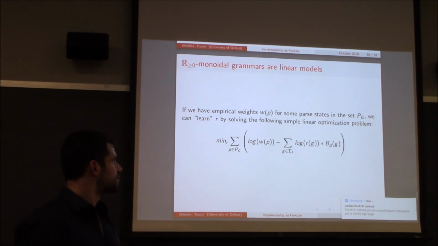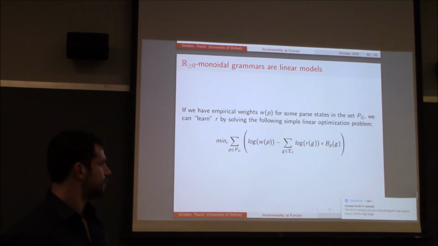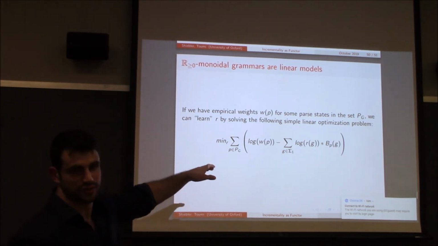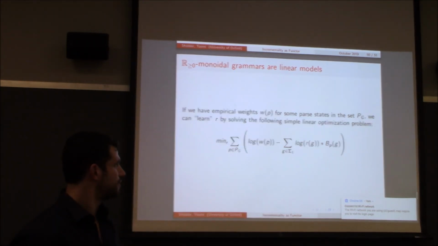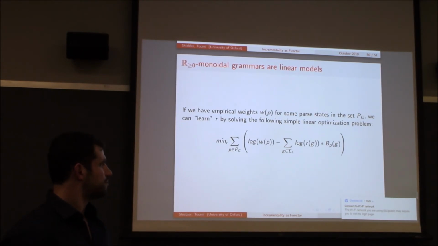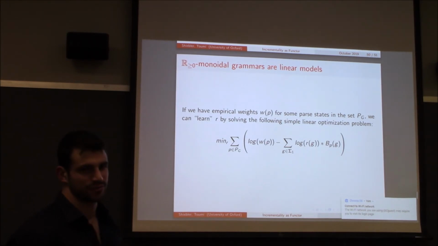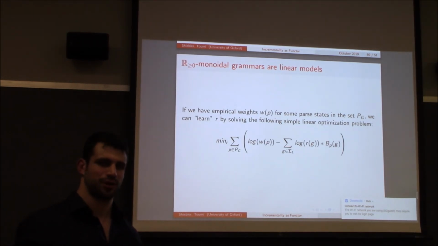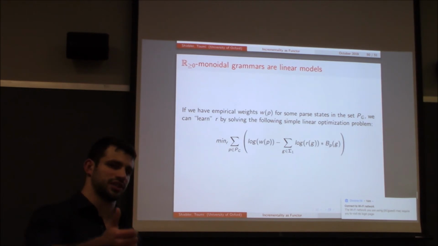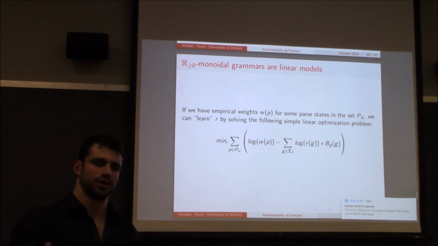In order to learn this, you need a notion of what is the weight of a parse state. So you need to have some empirical weights for some parse states. In the paper version, we're defining these weights with this notion of a maximal parse state likelihood, where you fix a language model and then you can compute the likelihood that a particular parse state is the most expanded parse state for the set of possible sentences that could finish from some given string of words.